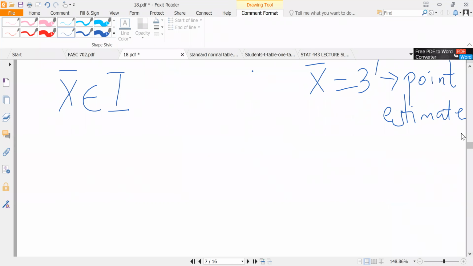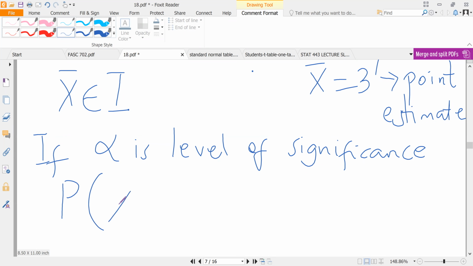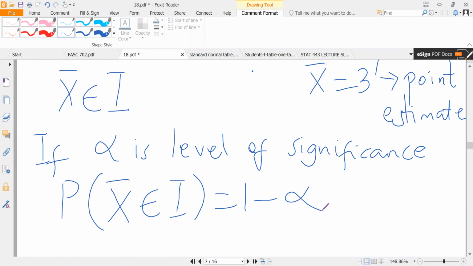Now, if alpha is the level of significance, then it means that the probability that our estimator X bar lies in the interval I is equal to 1 minus alpha.